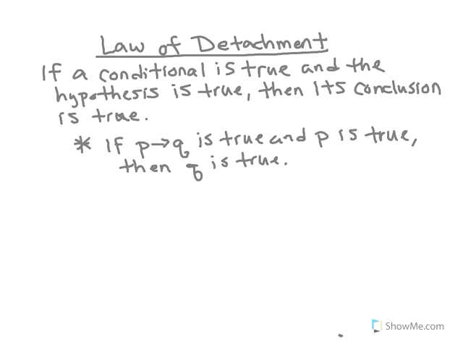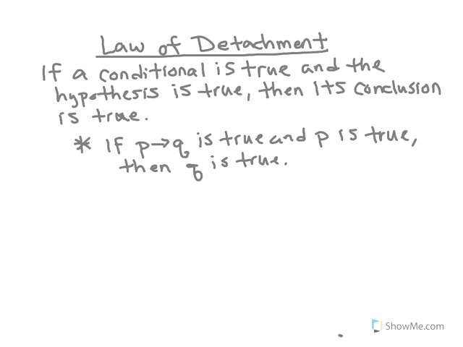The way the law of detachment works is very finicky, so you have to be very careful. If a conditional is true and the hypothesis is true, then its conclusion is true. Below, with a little asterisk, is how it would look in symbolic form if I were to write it out. If P then Q is true, in other words, if a conditional statement is true, and P is true, which is the hypothesis, then Q is true, which is the conclusion.